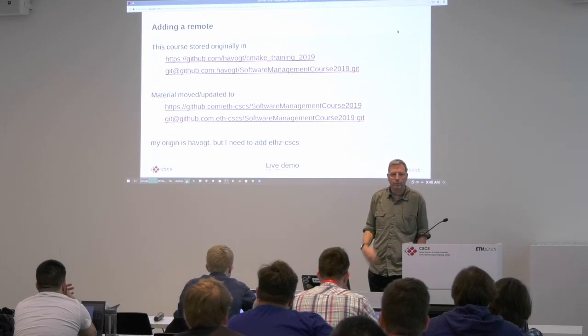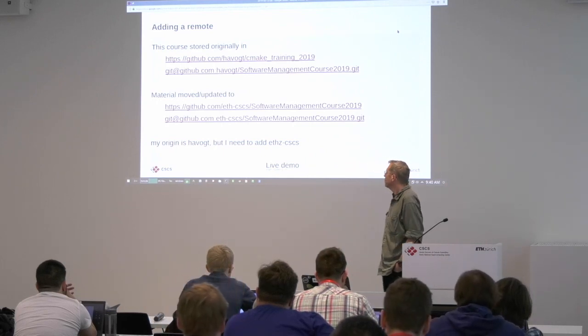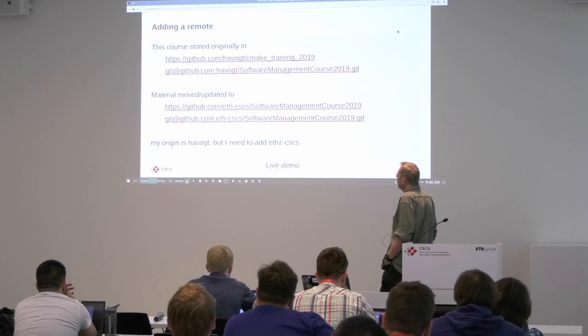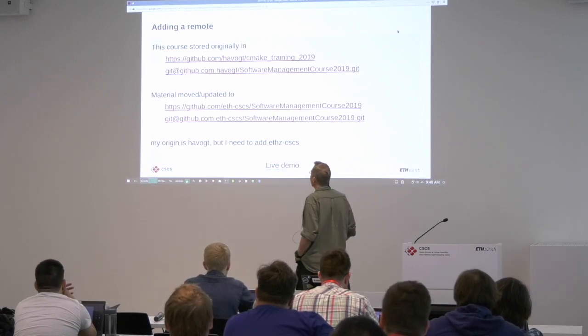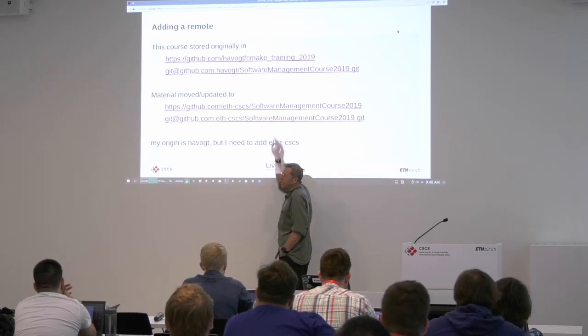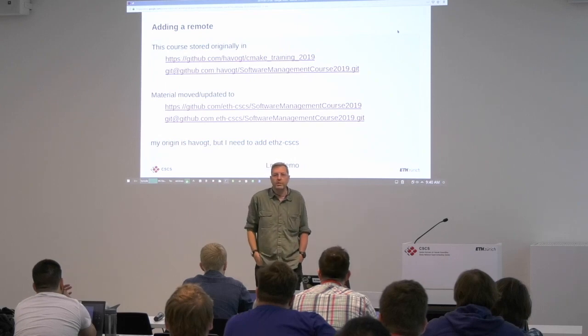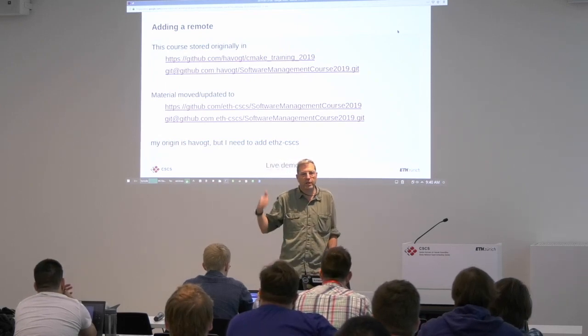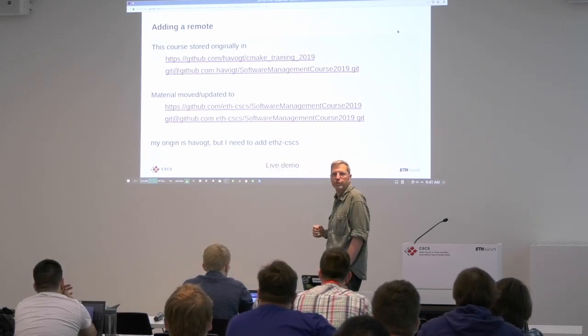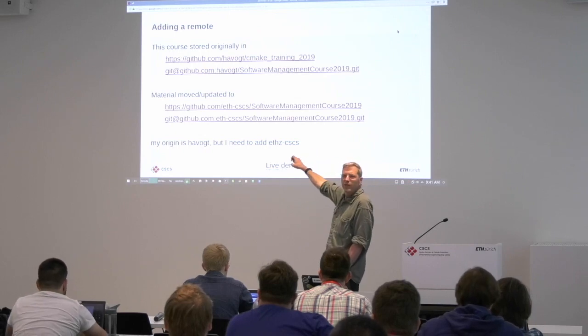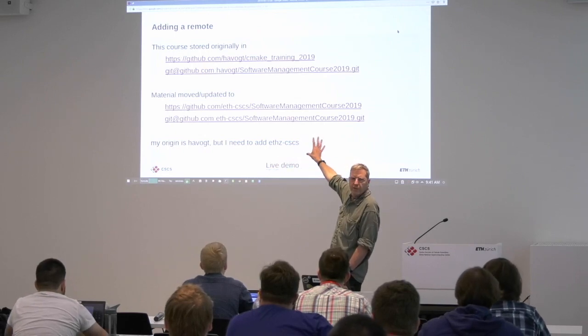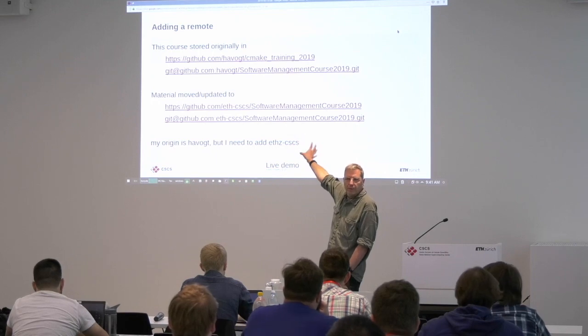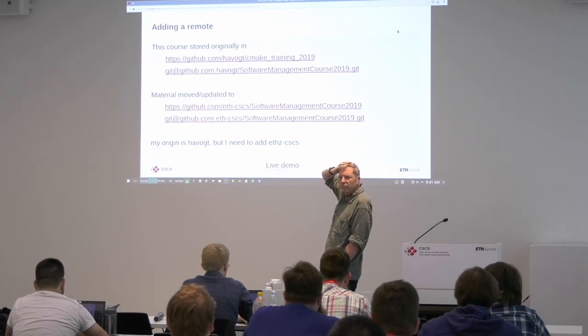I'm assuming you'll know how to do that. I highly recommend using the SSH form. I didn't actually explain SSH and HTTPS, but I've got a slide later on in the deck which refers to that, if anybody isn't familiar with it. Has anybody not done any of these basics before? I mean, everybody knows about cloning and that kind of stuff, yeah?